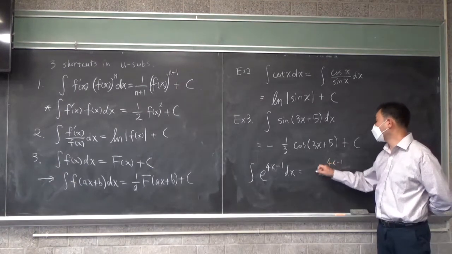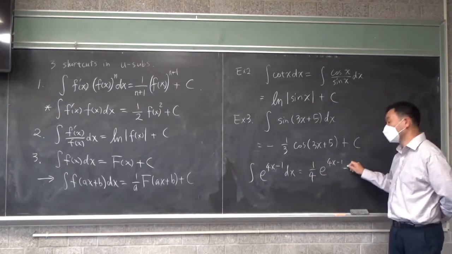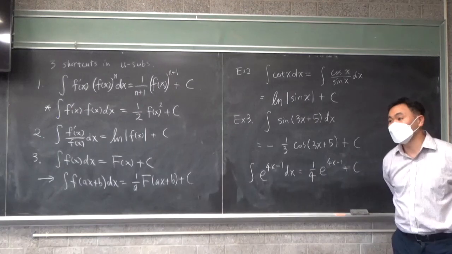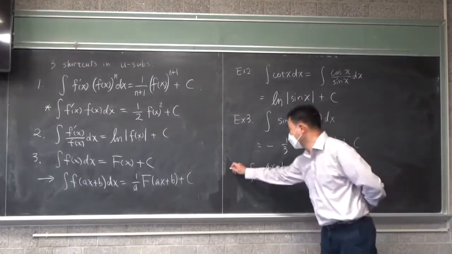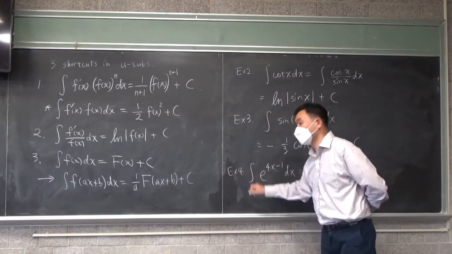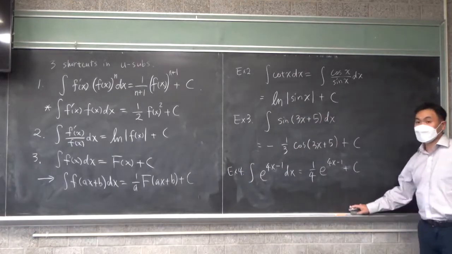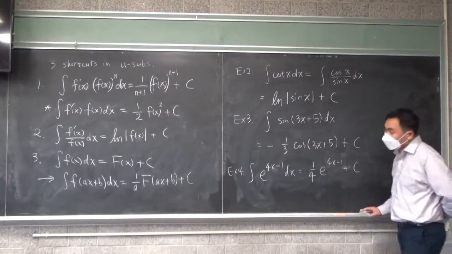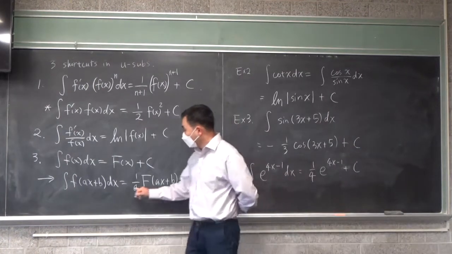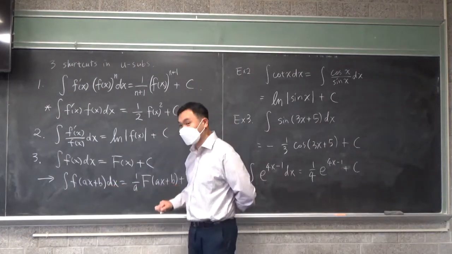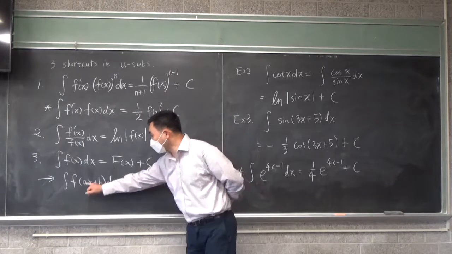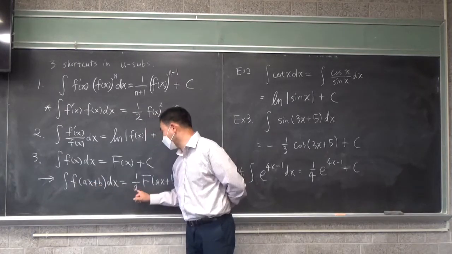The reciprocal of the first digit, so 1 over 4. Okay. Now, the interesting thing is, plus b has no effect. Right? Only the number in front of x gives you this 1 over a.